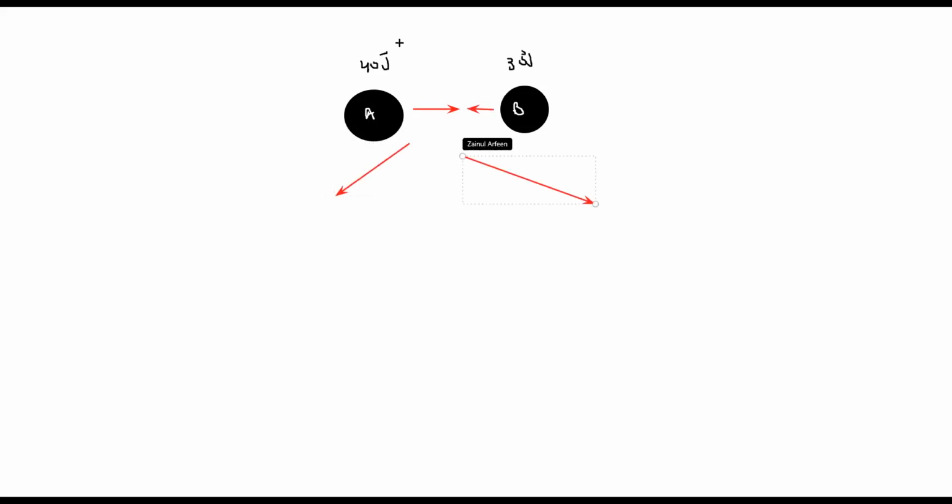No change. So if particles collide and bounce back, it means they don't have activation energy, or it is not an effective collision. But when a reaction occurs and it results in the formation of a product, for example, you have A and B.